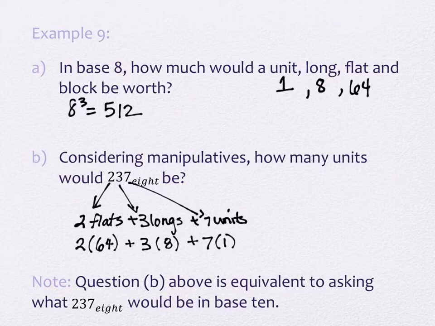So if I had these in Lego form and I broke them all apart into their littlest pieces, all units individually, and I counted them up the way we count in our system, how many individual units would there be? 159. Yeah. It's actually 159 units.